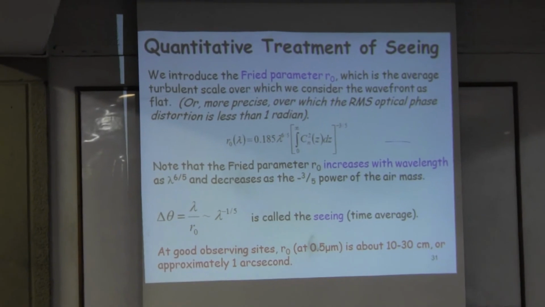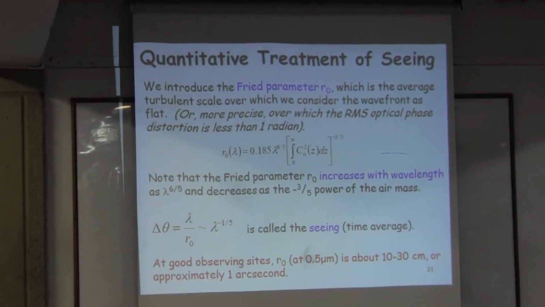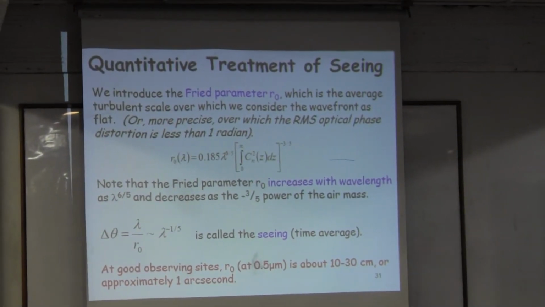Okay, so what this means, we want R0 to be large. The larger the better. And we see that it scales with wavelength. That means that if you go to longer wavelengths, it increases. And that is simply, in simple words, longer wavelengths are more tolerant to wavefront errors. We see that all the time.